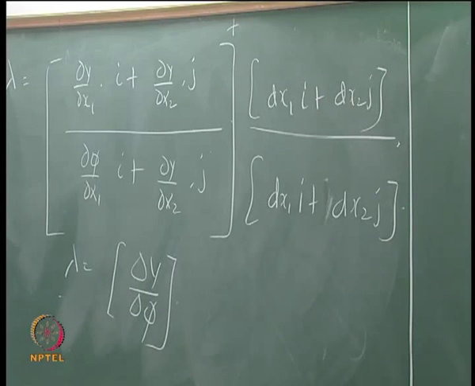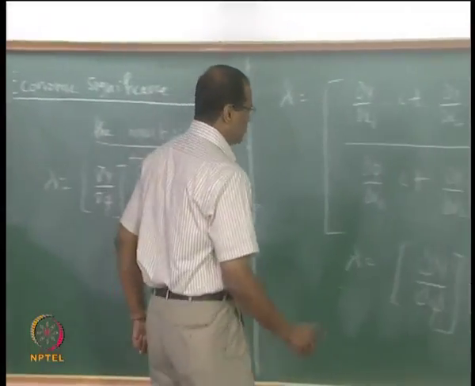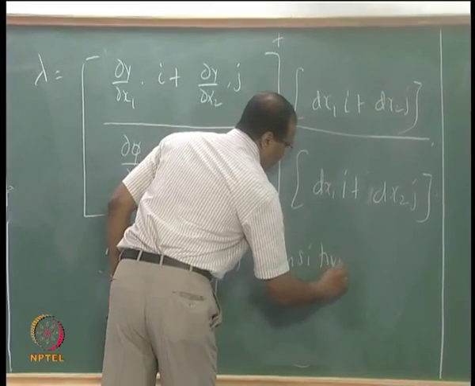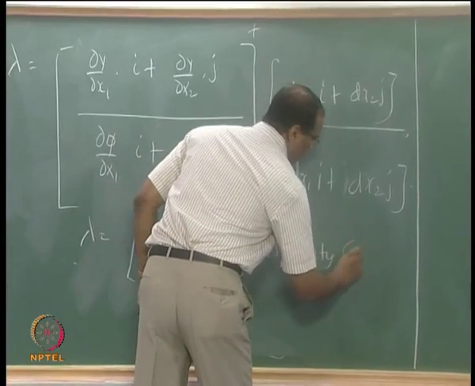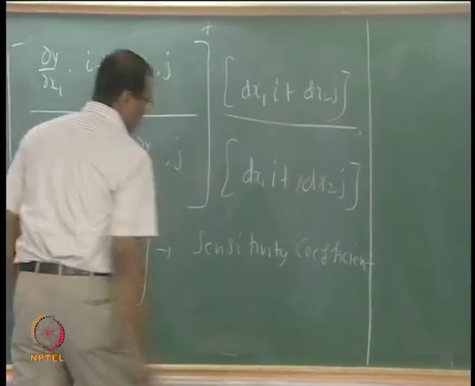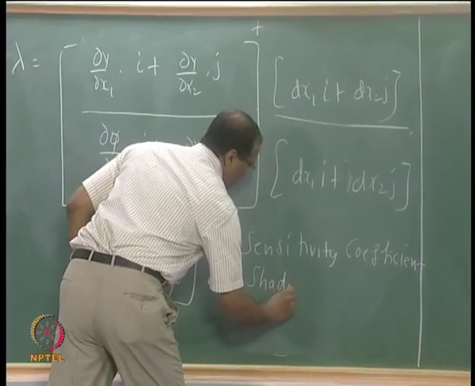Therefore, lambda gives the ratio of the change in the objective function to the change in the constraint. This is actually the sensitivity coefficient.